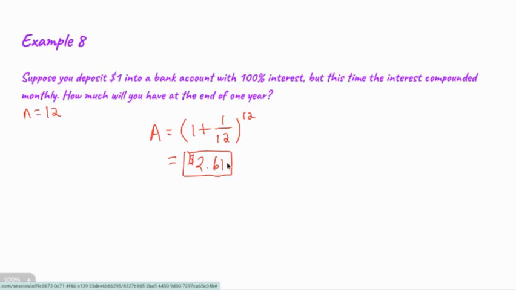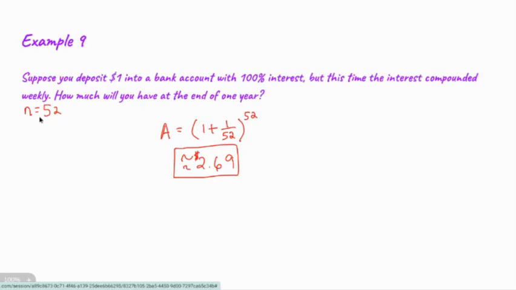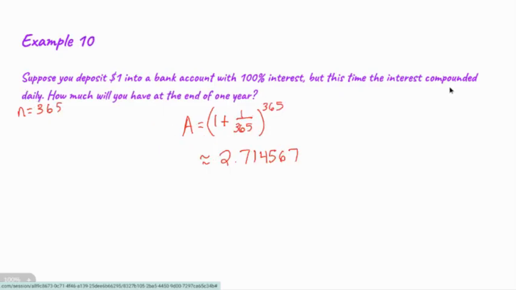So you can start to see the amount is still increasing, but the amount that it is increasing by is starting to lessen. With weekly, we have n equals 52, and we get $2.69. And then with compounded daily, we get n equals 365, which is $2.71 and a little bit extra left over, which I suspiciously wrote for a reason.